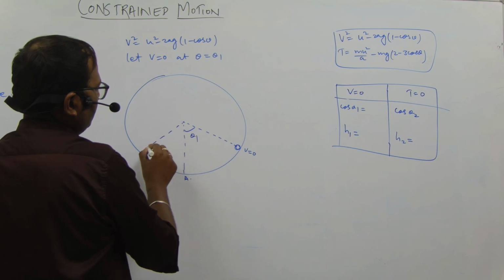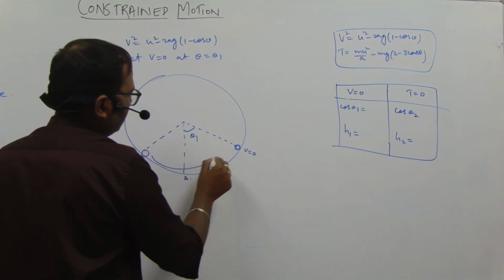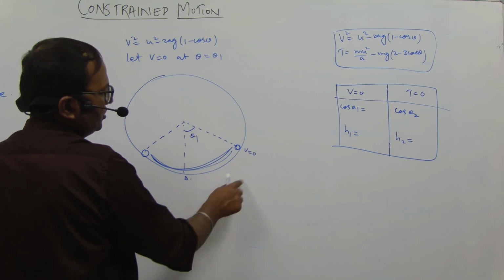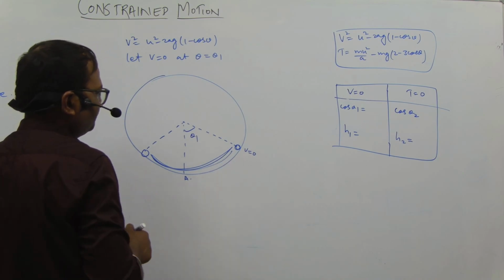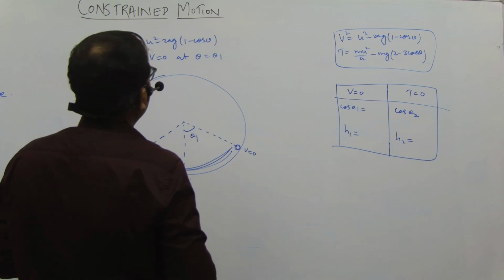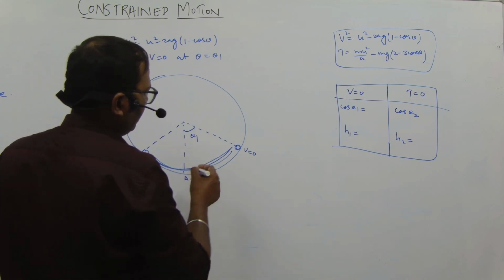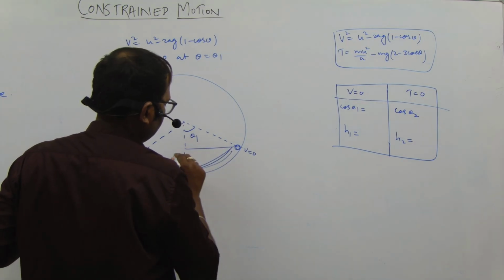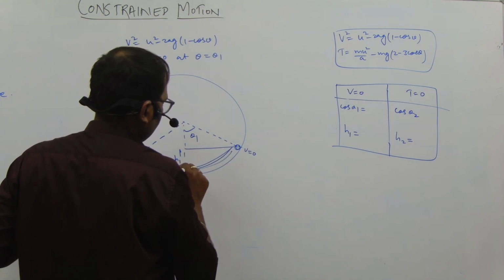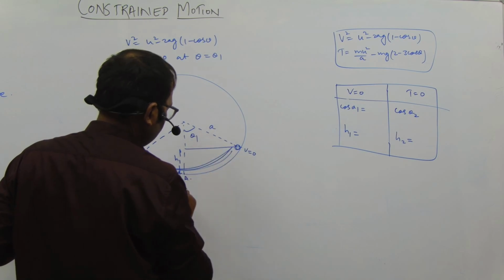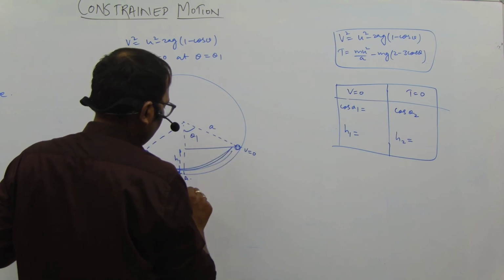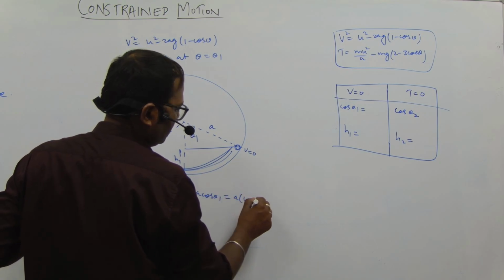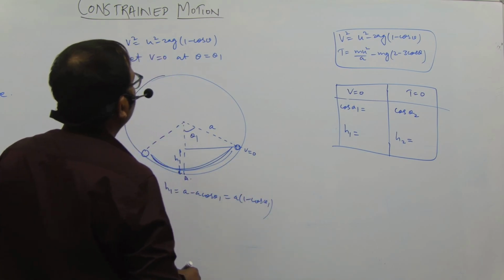So it will keep on oscillating, moving like this, because here the velocity is 0. And what will be the height from the bottommost point? This is h1. So this is a. What is h1? h1 is equal to a minus a cos theta 1, so this is a 1 minus cos theta 1.